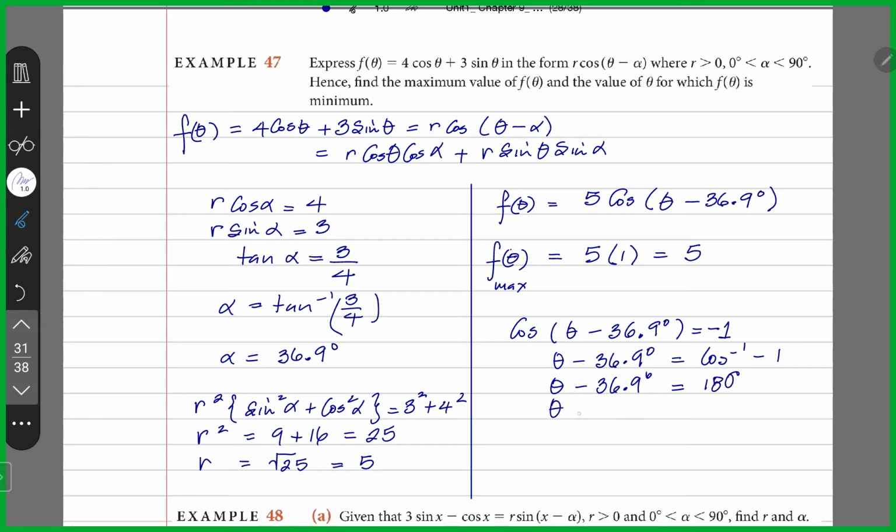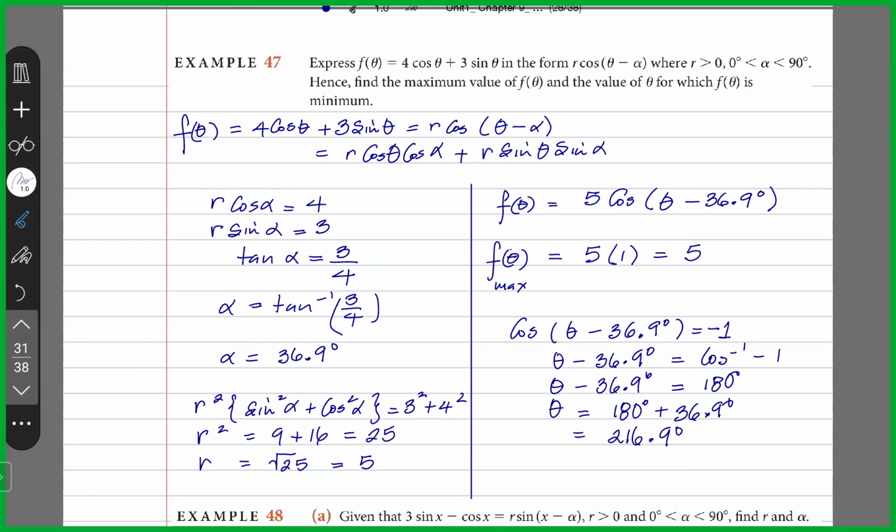And theta would be equal to 180 plus 36.9. Theta is equal to 216.9 degrees. So in order for f of theta to be a minimum, theta would have to be 216.9 degrees.